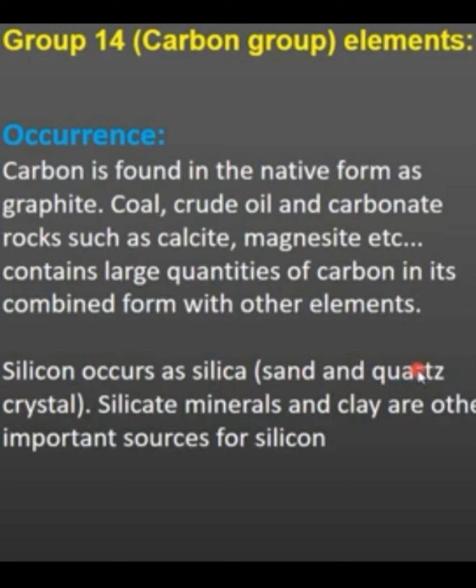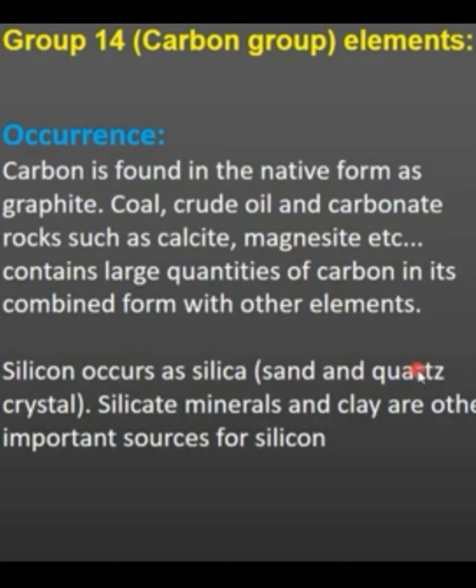Among these, carbon is found in the native form as graphite, and coal, crude oil and carbonate rocks such as calcite, magnesite, etc. contain large quantities of carbon in its combined form with other elements. That means its native form is graphite, but other than this, in coal, crude oil and carbonate rocks, carbon is also found in a combined form.